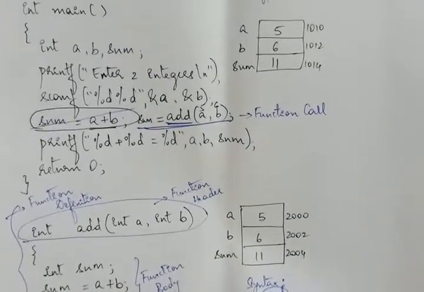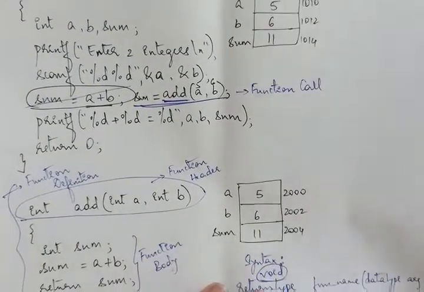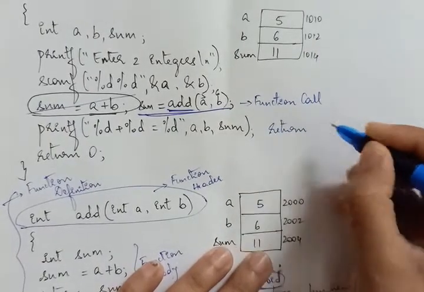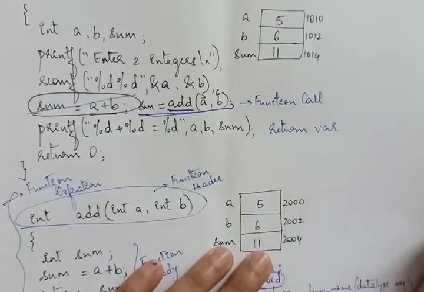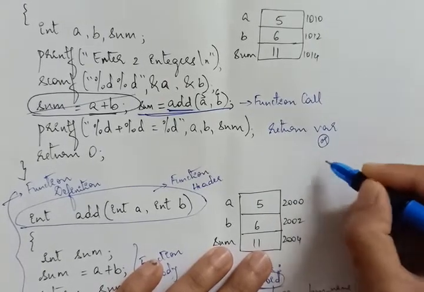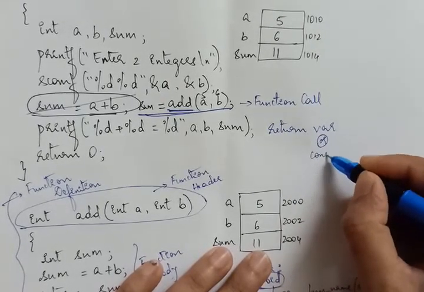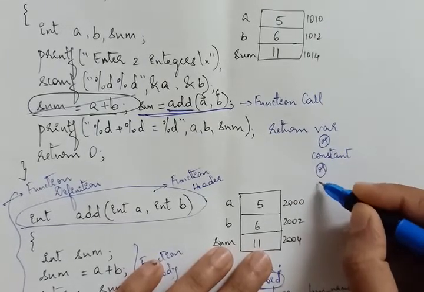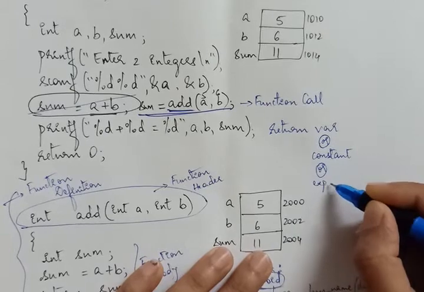Now we'll see that a return statement can return a variable, or it can return a constant, or it can return an expression.